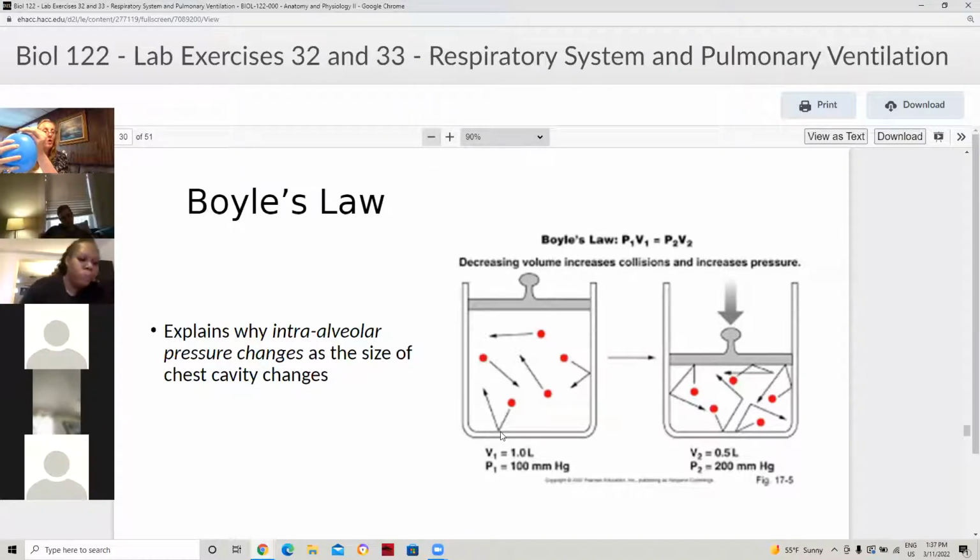So if air is going to move from a high to a low pressure, what do I have to do to increase the volume of my chest or decrease the volume of my chest to get air moving in and out? Just help me out here.